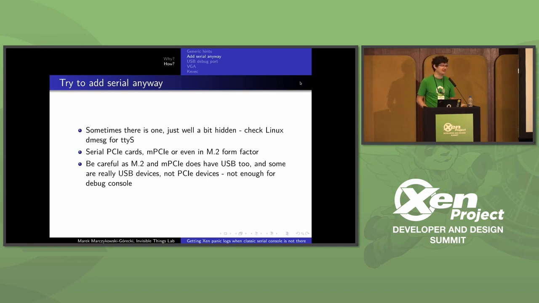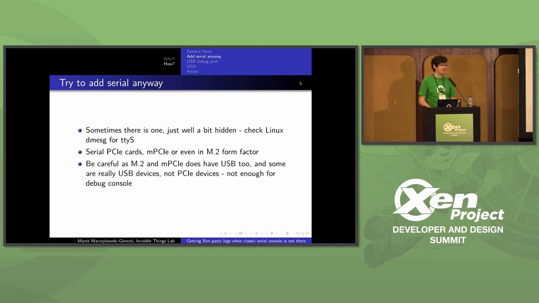There is a mini PCIe slot for Wi-Fi or similar. There is an M.2 slot, and that is also a PCIe slot in most cases. If you use the M.2 slot, you probably will need something else for the disk, or maybe no disk at all and boot from, I don't know, USB or network. But still, there is an option to get a serial console this way.